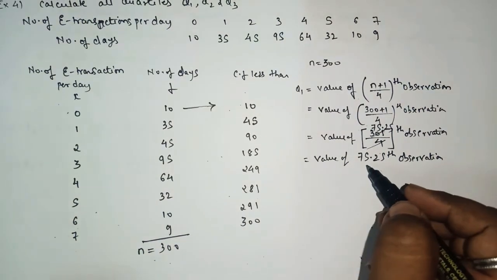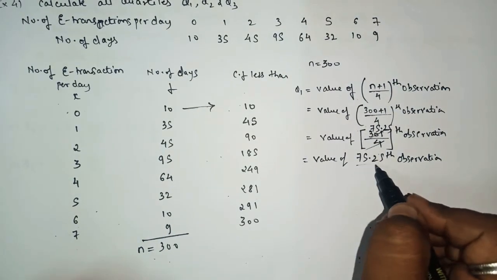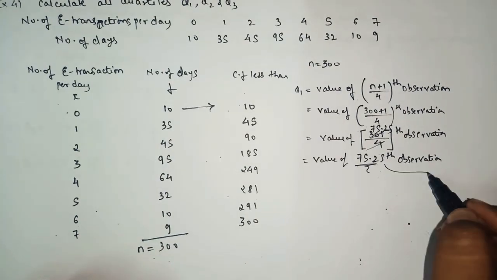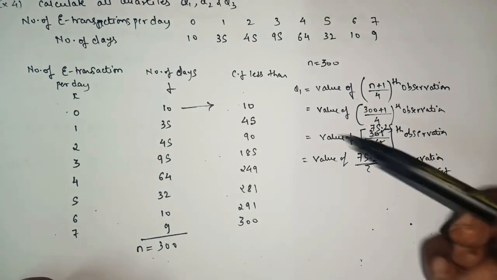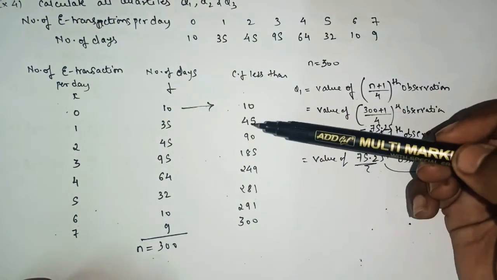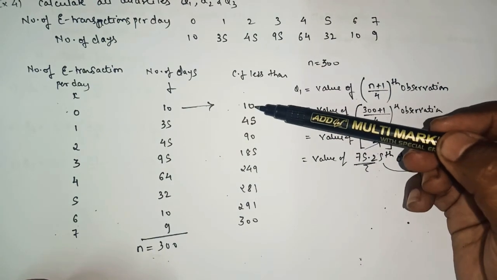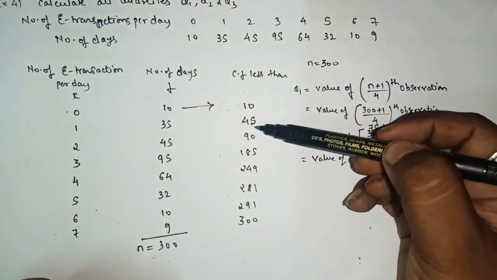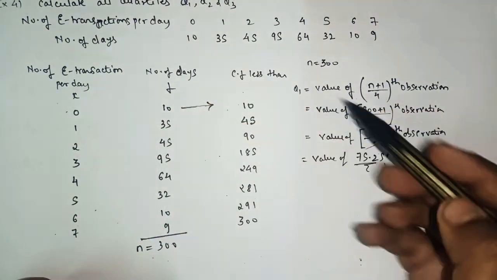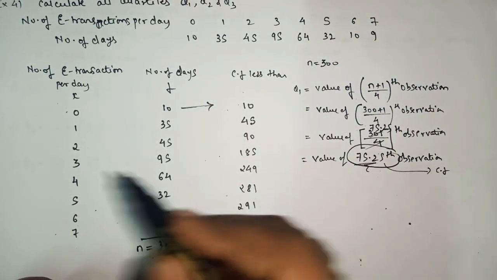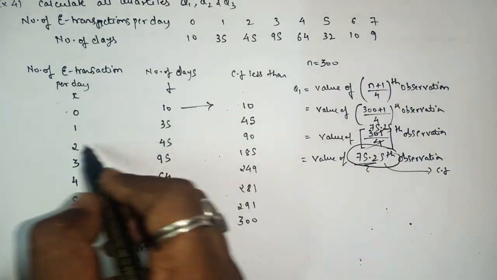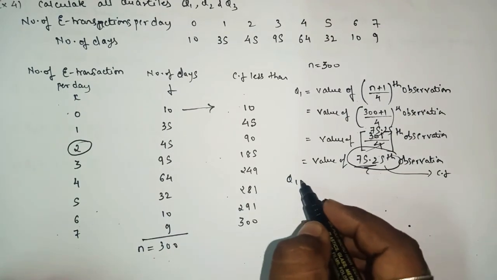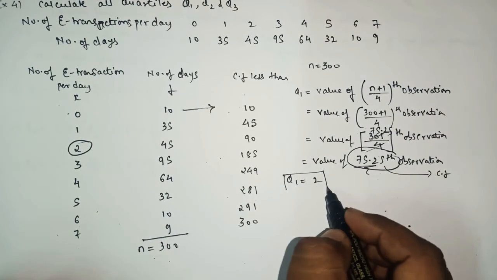Now you have to check where 75.25 lies in the cumulative frequency. In the first row it is 10. From 11 to 45 it is in the second row. From 46 to 90 it is in the third row. So 75.25 lies in the third row.